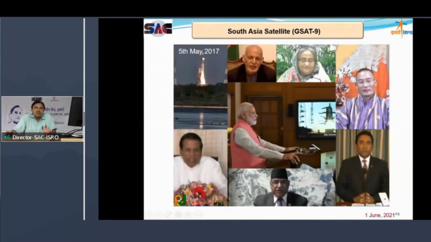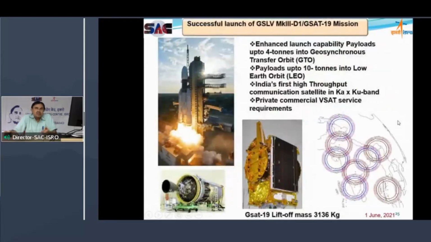Immediately after launch on 5th May 2017, almost 4 years back, our Prime Minister conducted a video conference again through satellite and offered this satellite for the use of all our neighboring countries: Afghanistan, Bangladesh, Nepal, Bhutan, Sri Lanka, and everybody is now using this satellite as a gift from India.